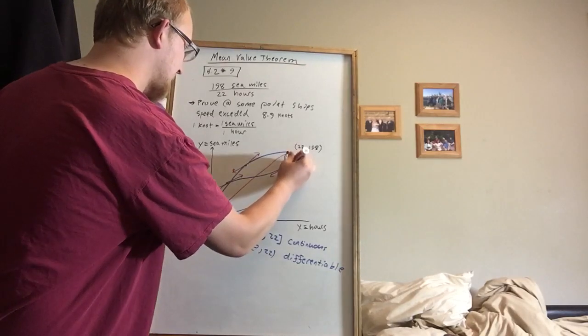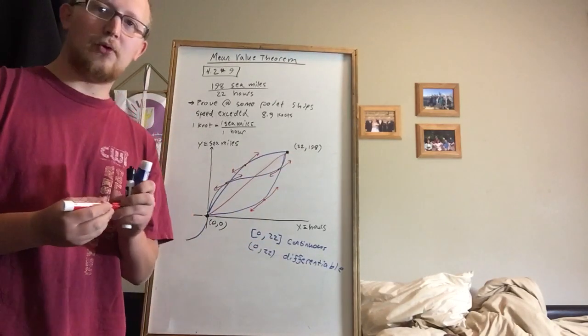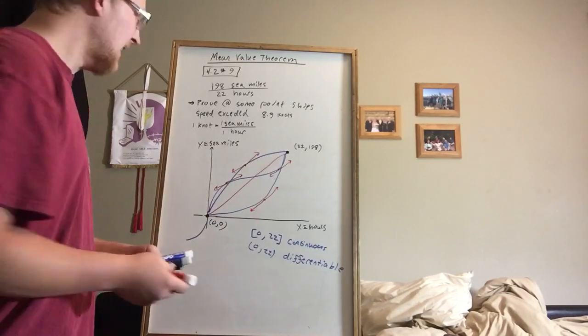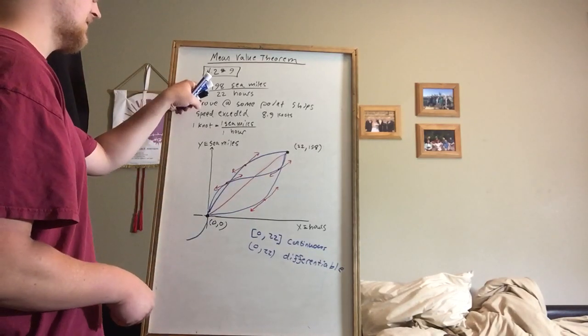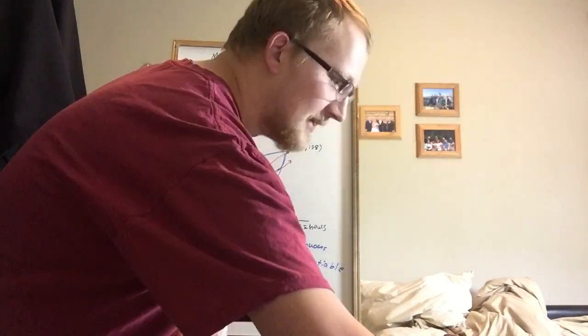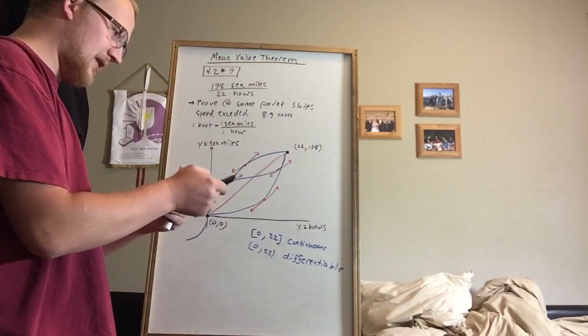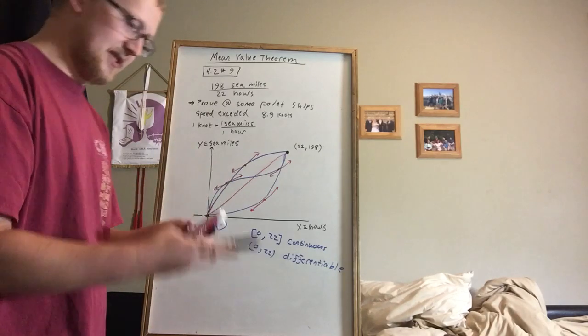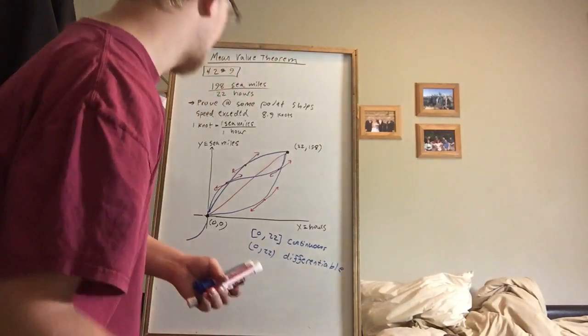But the point is that at minimum, you will have one point where you will be traveling the same speed as the secant line. And the speed of the secant line is 198 sea miles per 22 hours. And if we divide that, so 198 per 22 hours, that's 9 sea miles per hour.